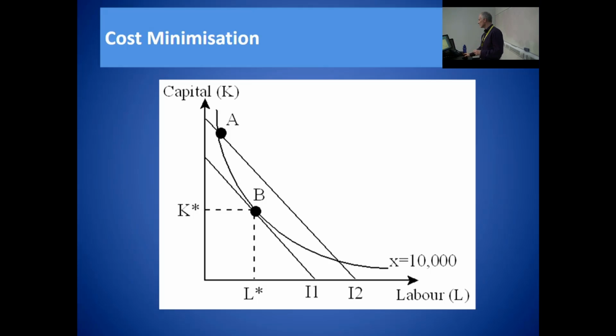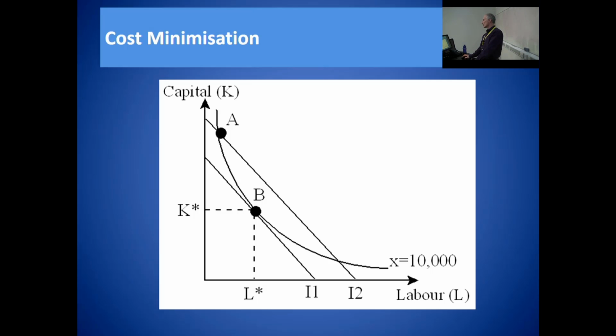So, let's say that we're at point A. Point A is a combination of labour and capital that lies upon our isoquant for 10,000 units. So we could combine labour and capital together to produce 10,000 units of output. What does that imply for costs?